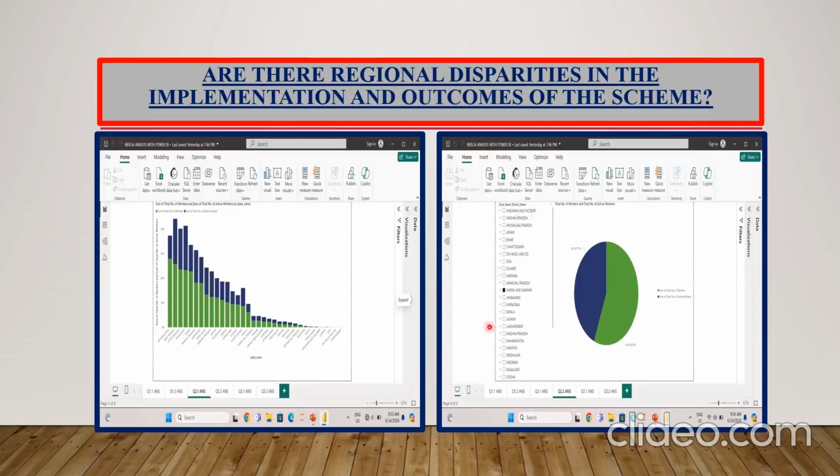And in the second pie chart, we taken all the states in India and we draw the pie chart. Here the light green color indicates the total number of workers, and in blue the total number of active workers, and in light green the sum of total number of active workers.